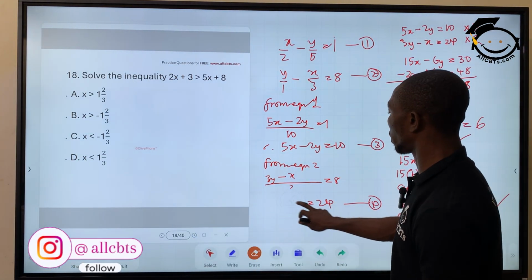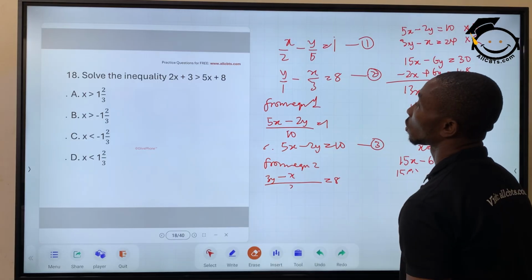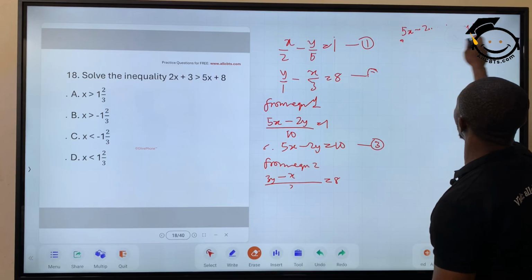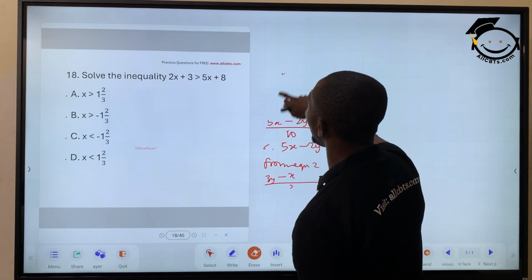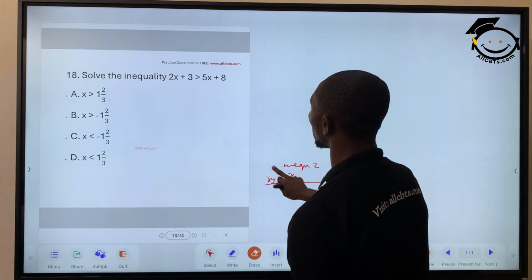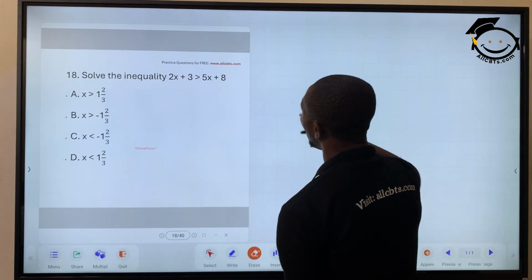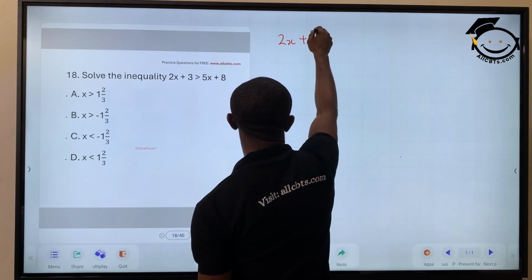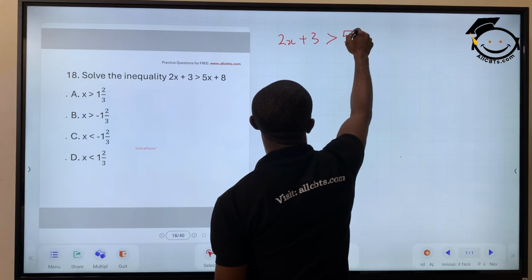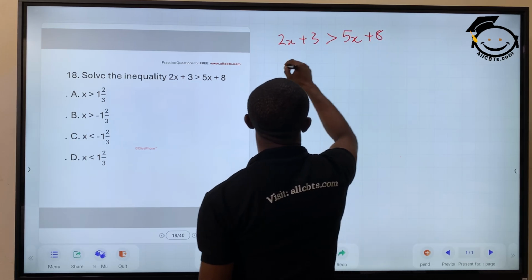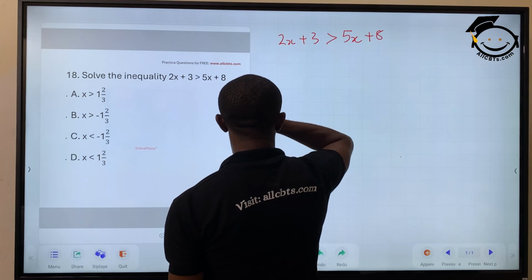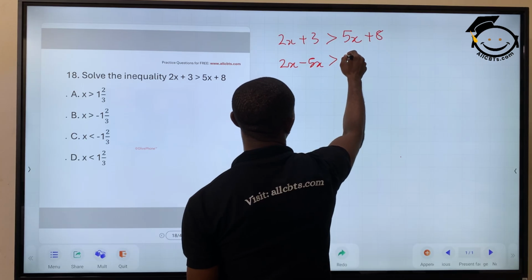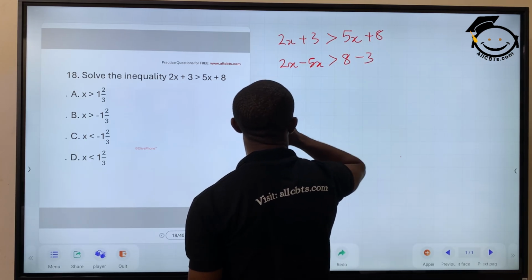Okay, next we'll be looking at solve the inequality. Okay, we have 2x plus 3 is greater than 5x plus 8. So we have 2x plus 3 is greater than 5x plus 8. Okay, so this gives us 2x minus 5x is greater than 8 minus 3.